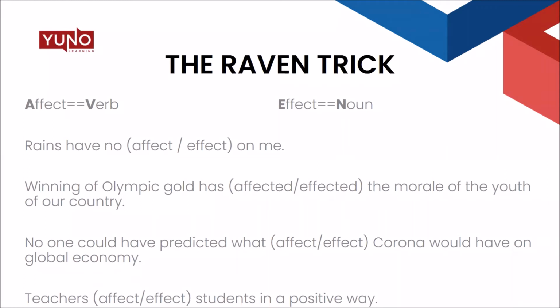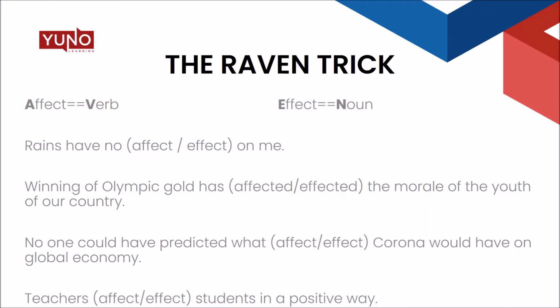So just notice the first letters of these four words. A and V, that is R-A-V, and E and N, that is E-N. So if we put all these letters together, along with the letter R, it becomes RAVEN. So just remember the raven, and we would remember affect, verb, and effect, noun.